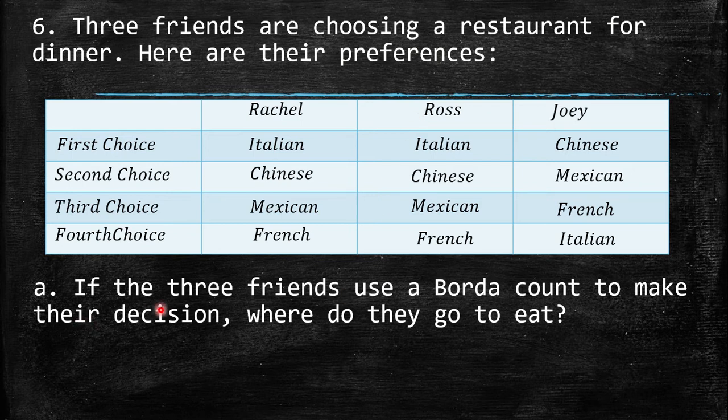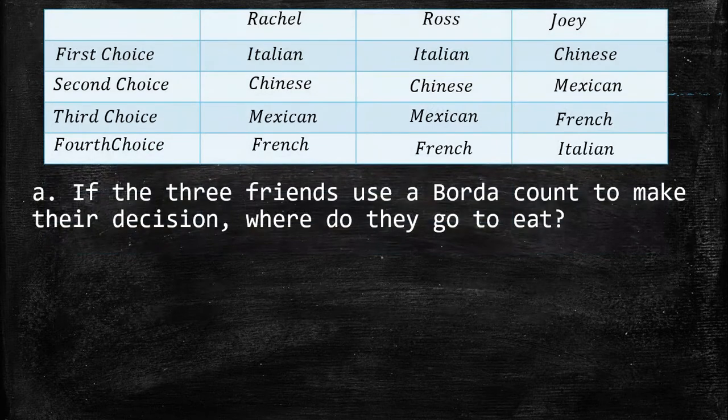If the three friends are using a Borda count to make their decision, where do they go to eat? Here we have the table. First we are going to establish some values for the options.